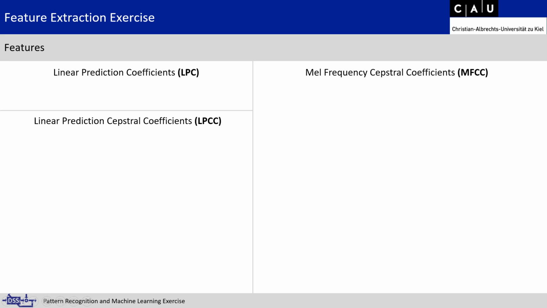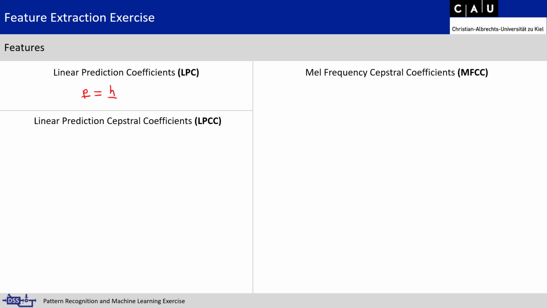So let's start with LPC. Linear prediction coefficients are basically the coefficients we just talked about in the previous section. And when we say that our LPC features are the vector p, then this is basically just our vector h from our linear prediction review earlier.